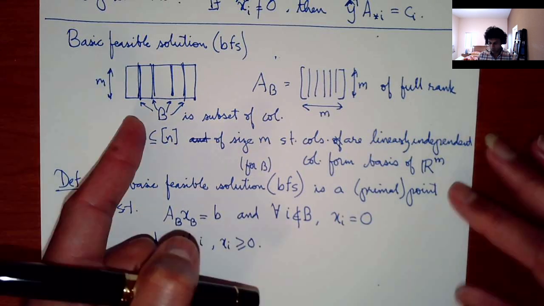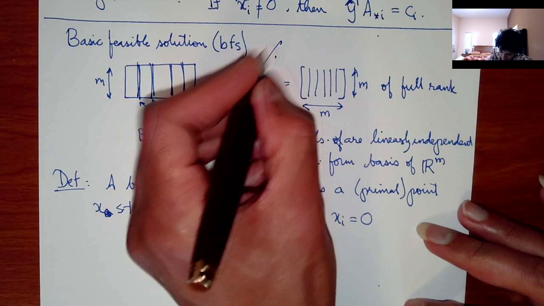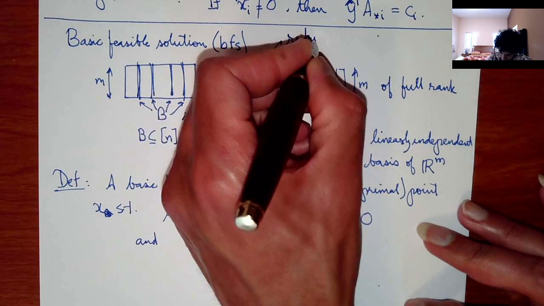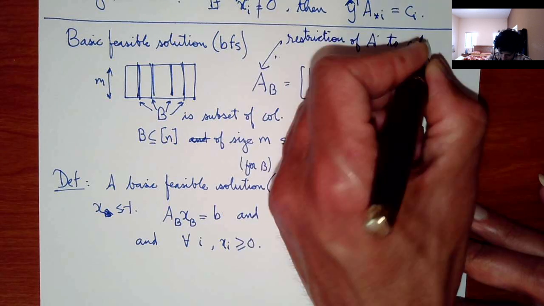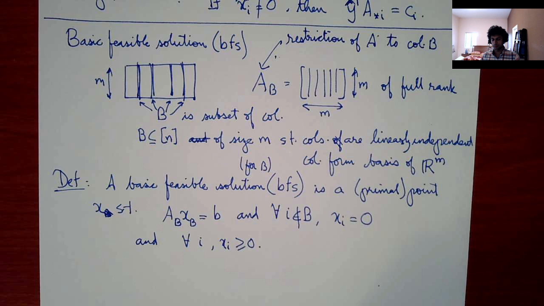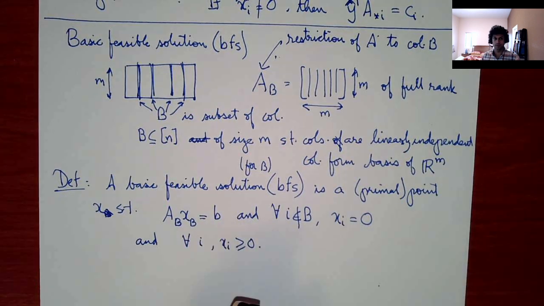If I look at the matrix given by those columns, this is the restriction of A to the columns B. Does that make sense now? So that gives you a square submatrix. If there's more than one possible option for m linearly independent columns, then that's also fine. There exist many.